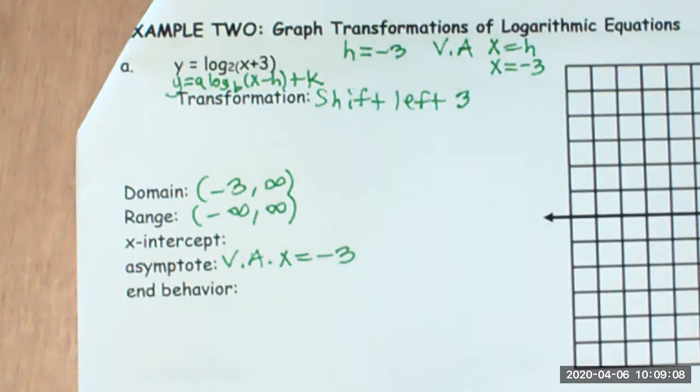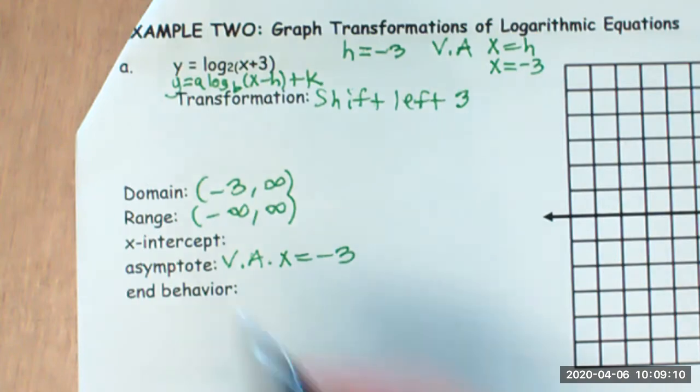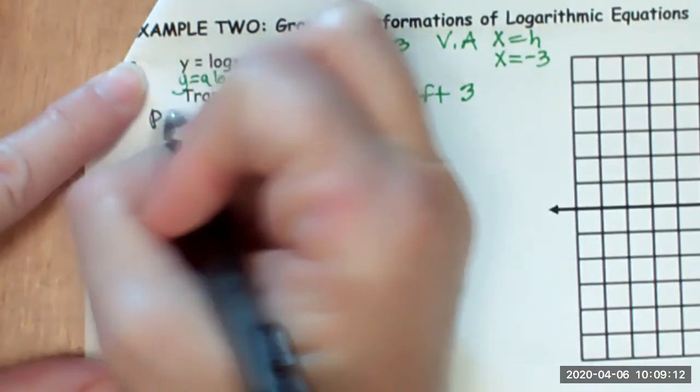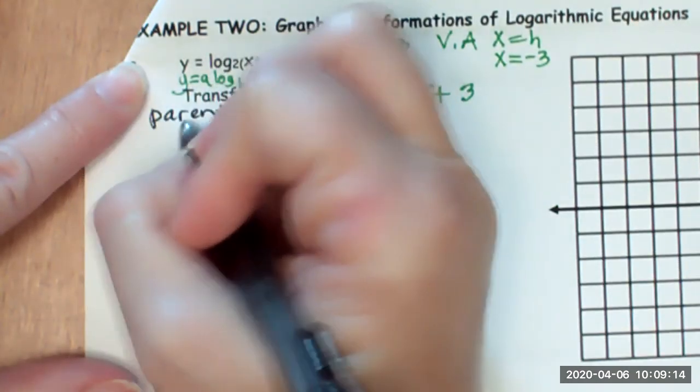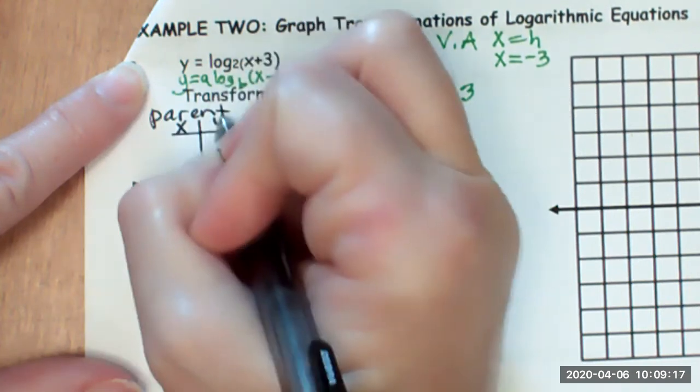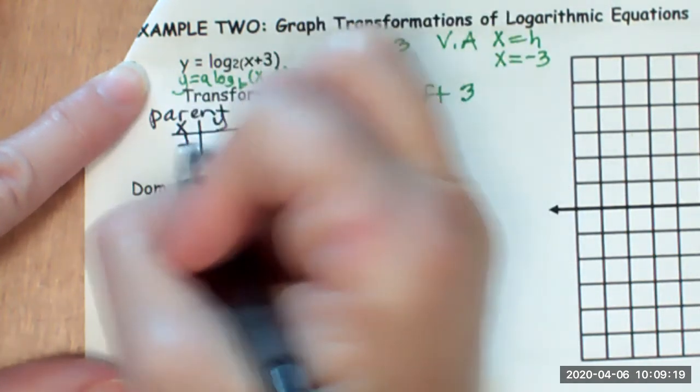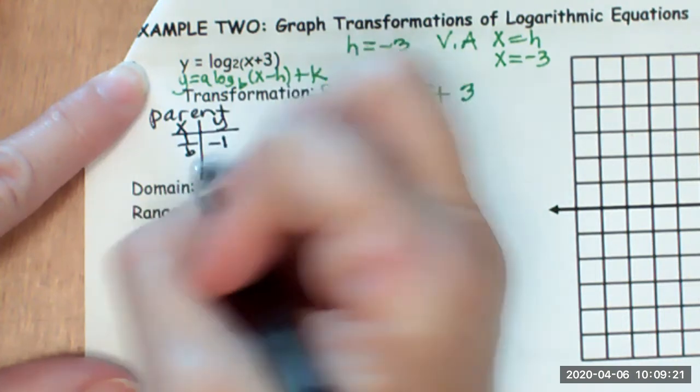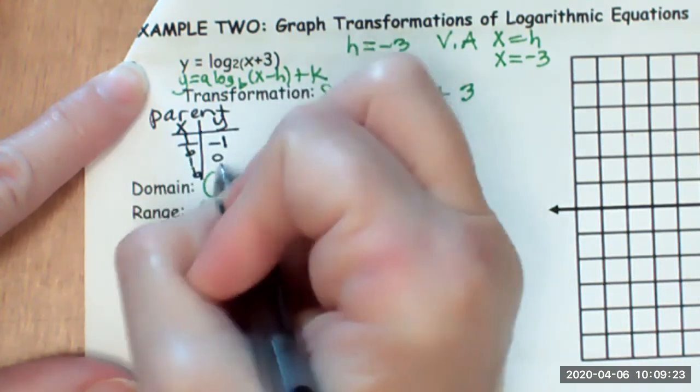So let's take that parent table that we were talking about, and that parent is here. So we have 1 over b, negative 1, 1, 0, b, 1.